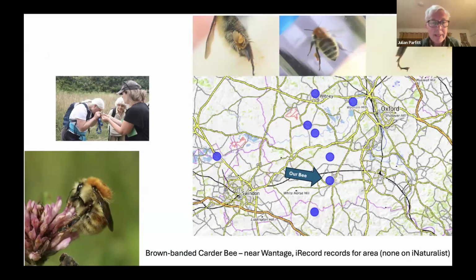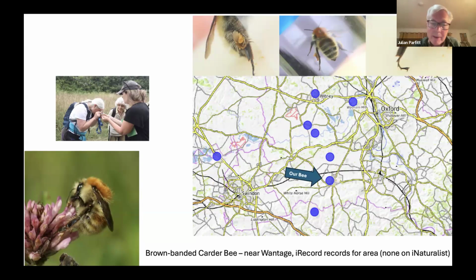So having done that observation last year, I still don't know if the record is actually of a brown-banded carder. It hasn't been verified. So the final resort might be to try and entice a specialist to actually go out into the field and see if they can find the species, because it's quite a rare one, and there are very few records for Oxfordshire.